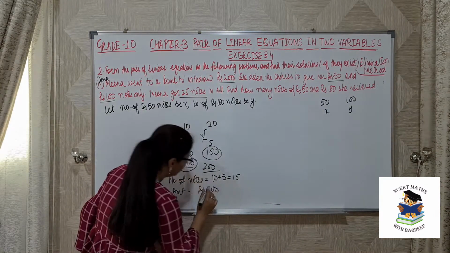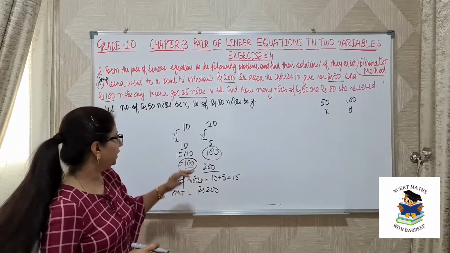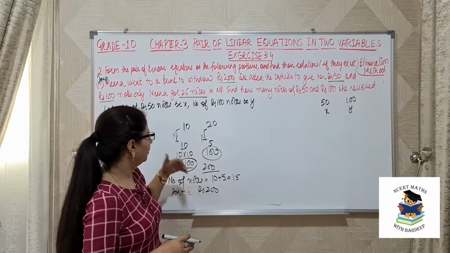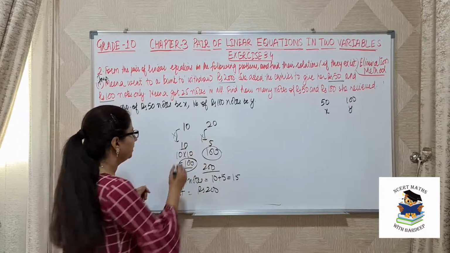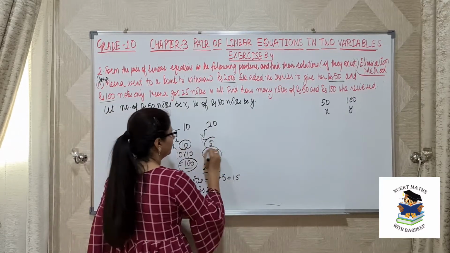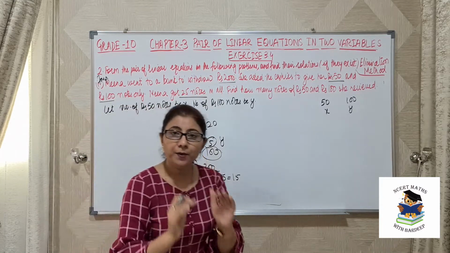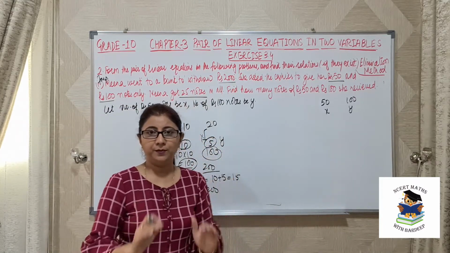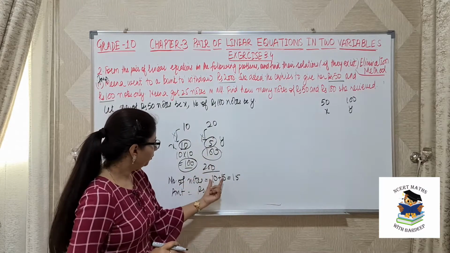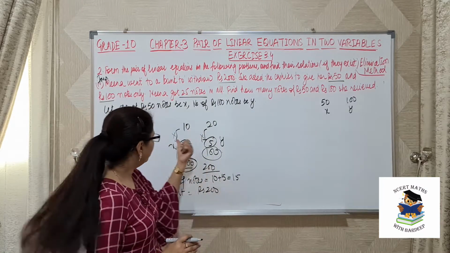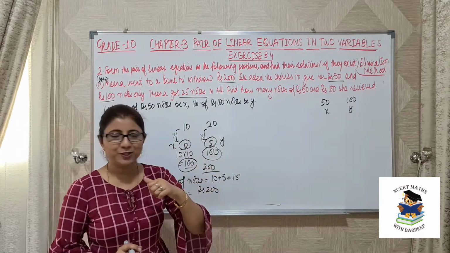rupees 200. So this is the key point of this question, that when you assume the number of notes as x and y, suppose I am taking this as x, this as y, when they have asked us the number of notes, the total number of notes is 10 plus 5, or we can say x plus y.